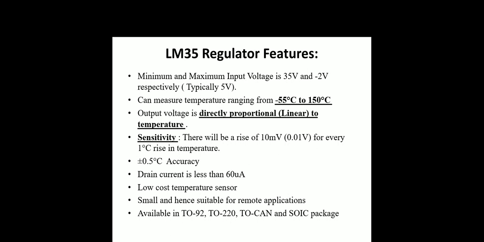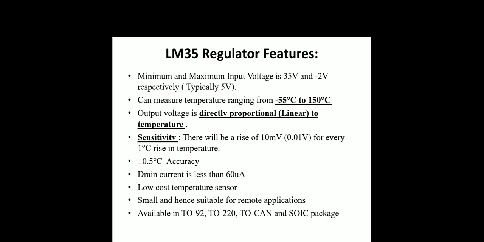The sensitivity of the temperature sensor LM35 is plus minus 10 millivolt per degree Celsius. That is, its output changes by plus minus 10 millivolt for a change of 1 degree Celsius in temperature at the input.